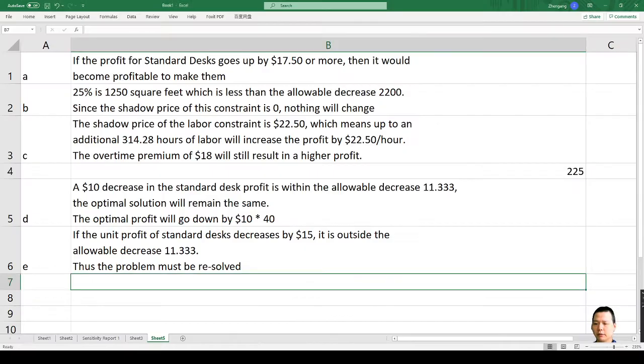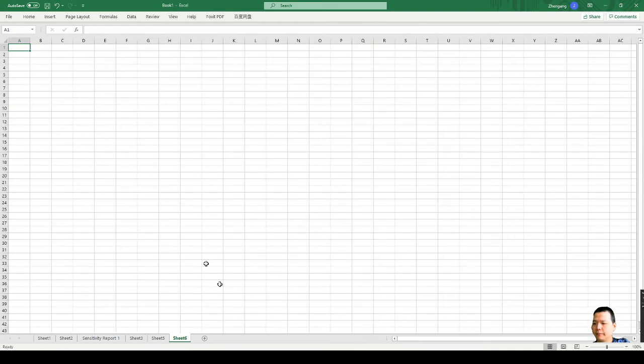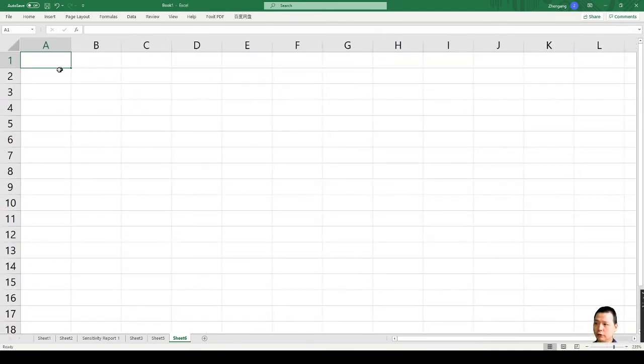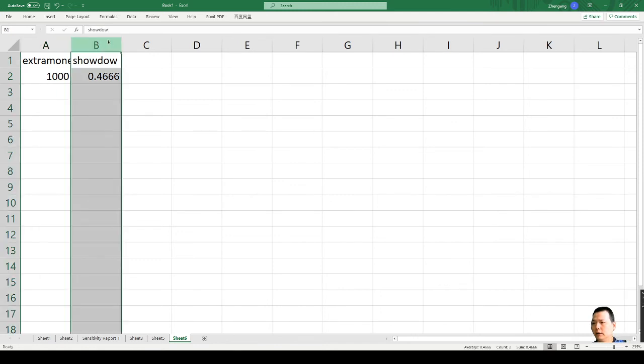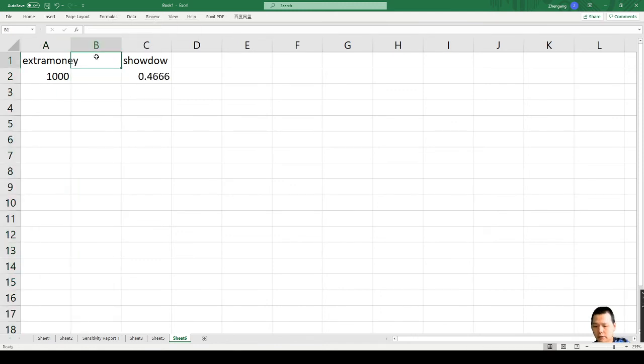Let's do a simple calculation here. If you borrow 1,000, and the shadow price is 0.466, this is the shadow price, and you have the interest rate, which is 0.08.